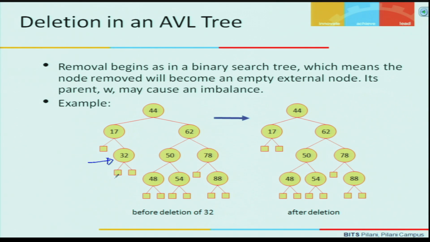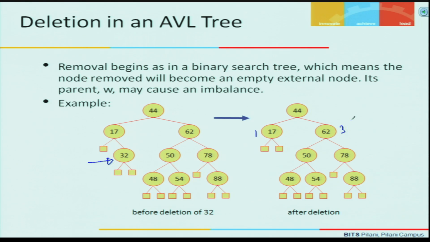To check the properties, again we are going to look at the node which has been removed and look at a path up to the root and try to check the properties. If you look at this now, this particular node is going to have height 1, whereas this particular subtree is going to have 1, 2, 3. So, height of this is 3.